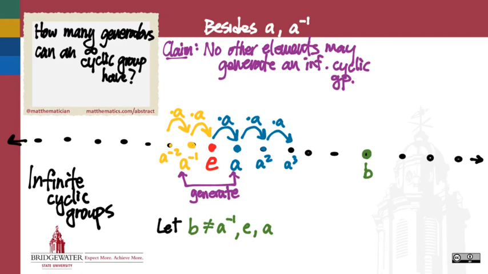And if B really were A to the power 6, what could it not generate? Well, it could generate A to the power minus 6, because that's its inverse. B to the power minus 1 is going to give me A to the minus 6. B to the power 0 is going to give me the identity. B to the power 1 is going to give me A to the 6th. B to the power 2 is going to give me A to the 12th out here somewhere.